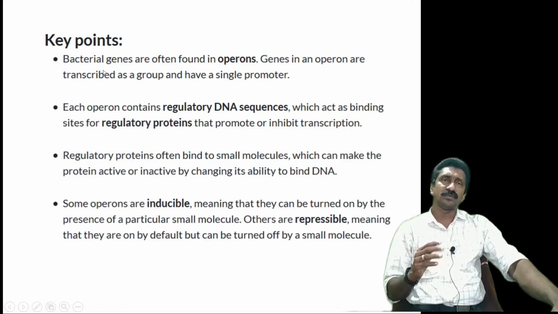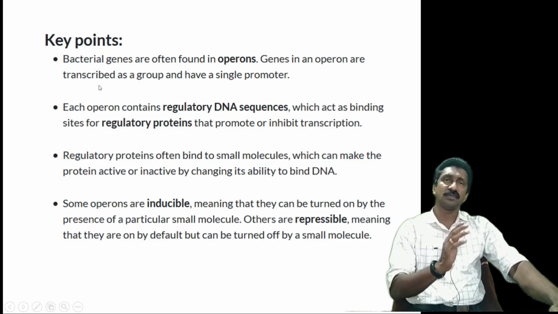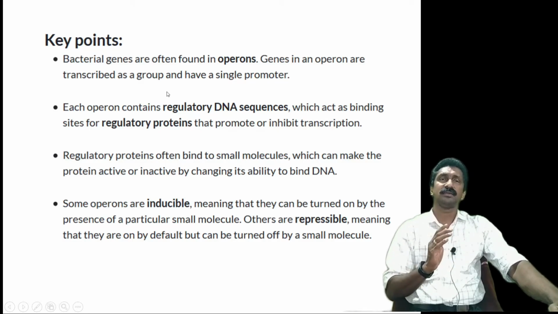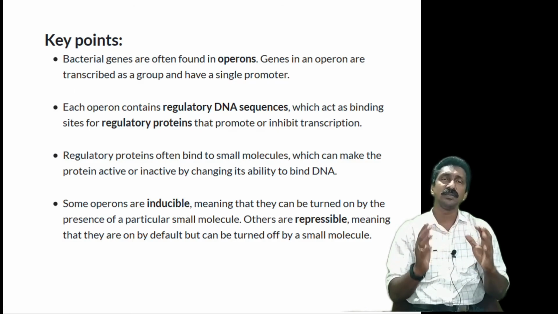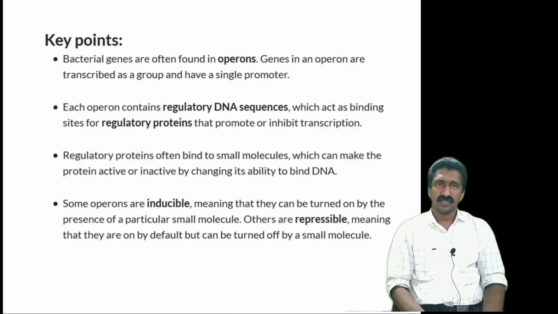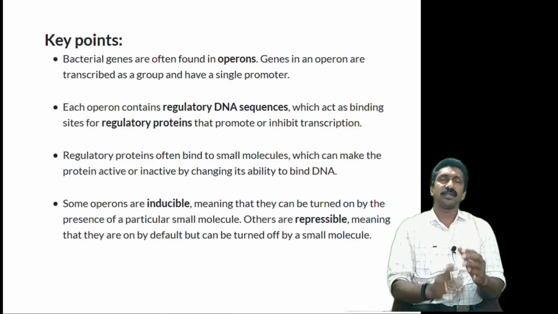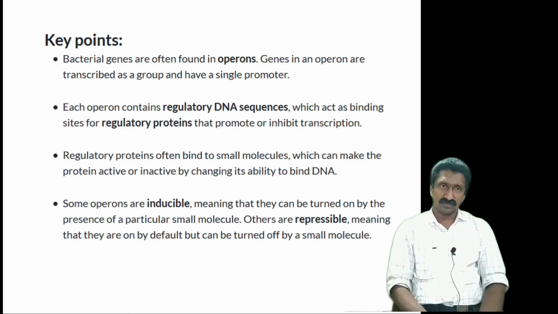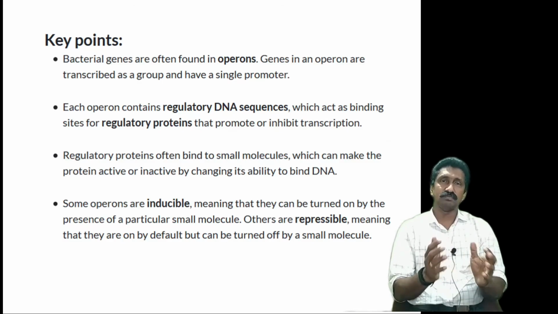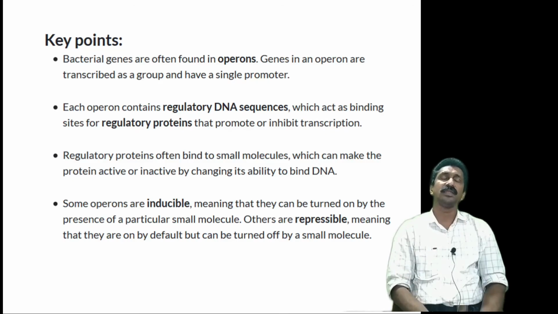Bacterial genes are often found in operons, and genes in an operon are transcribed as a group and have a single promoter. Each operon contains regulatory sequences which act as binding sites for the regulatory proteins that promote or inhibit transcription.